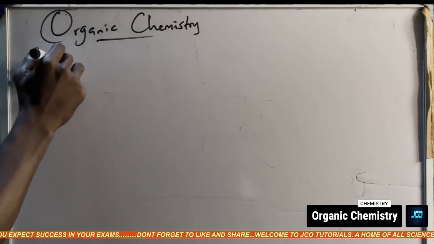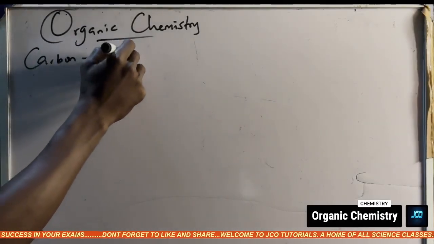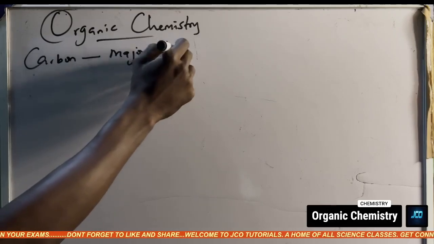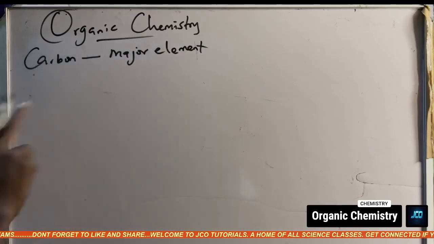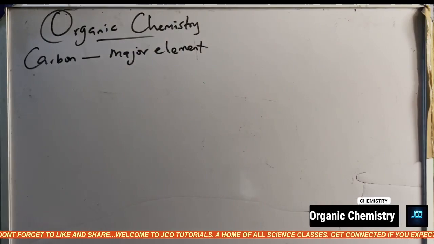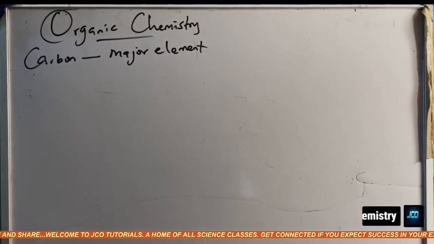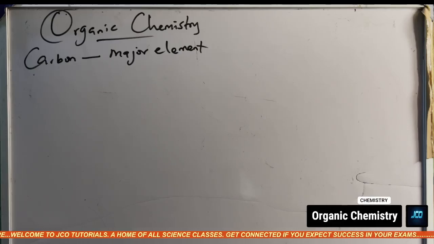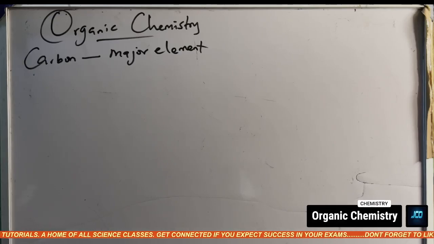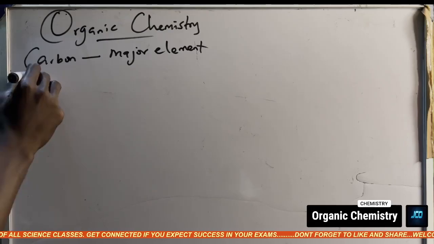Carbon is the major element. In organic chemistry, we deal with hydrogen and carbon, and because of the ability of carbon to catenate, that is why it is a major element.